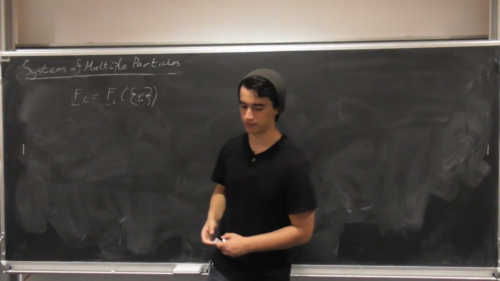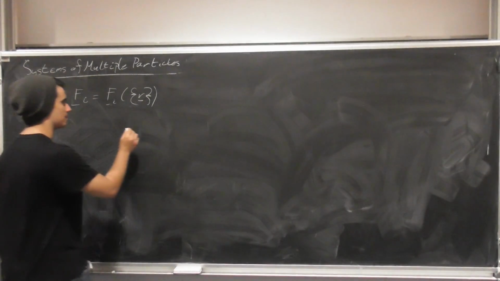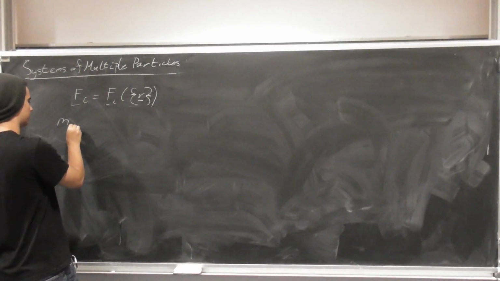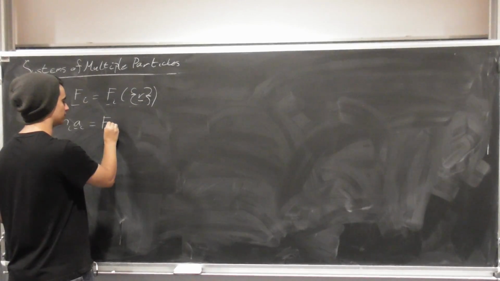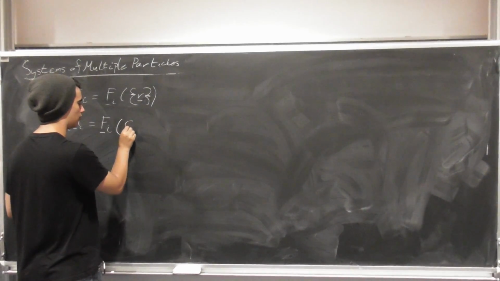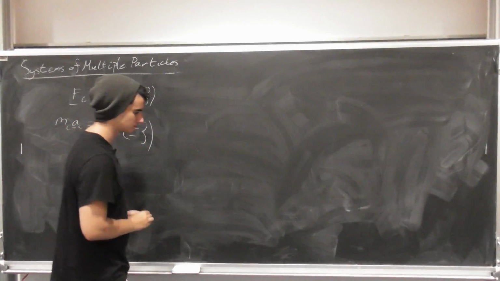So in this way, we can then write that the mass of the ith body times the acceleration vector of the ith body is some function, f being the force function, of all the other position vectors in the system.